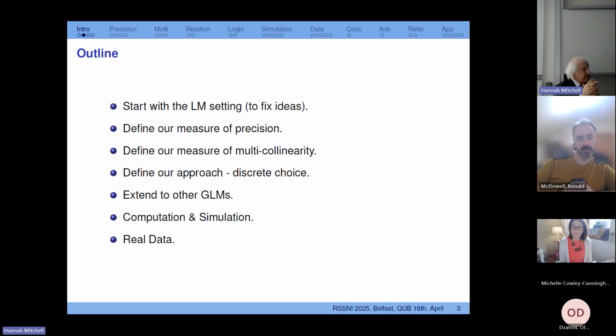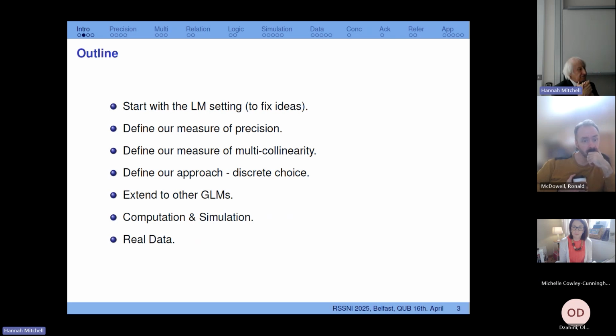We're going to define a measure of precision, and we're going to define a measure of multicollinearity, and then we're going to worry about how those two things move together briefly. Then we're going to define our approach, and it's a discrete choice approach in several different senses, but that's what we'll be involved in.